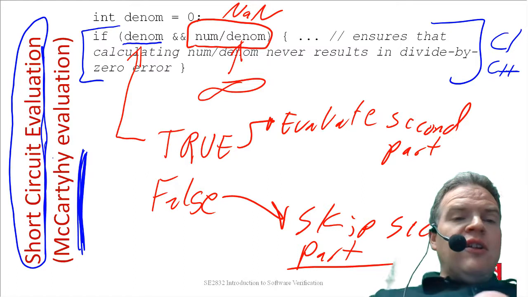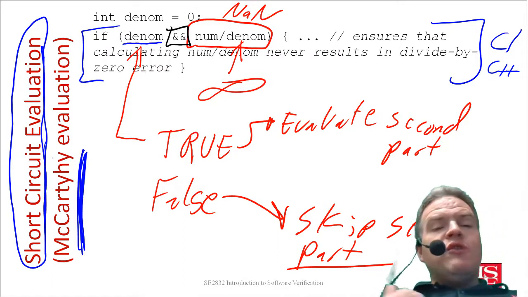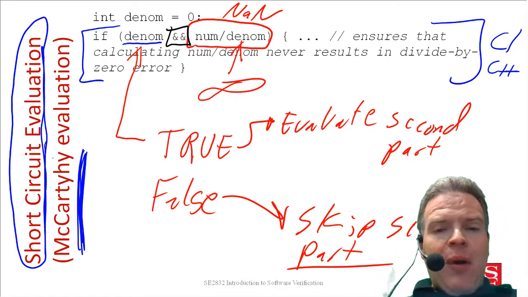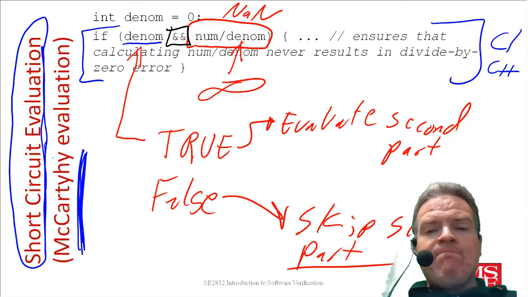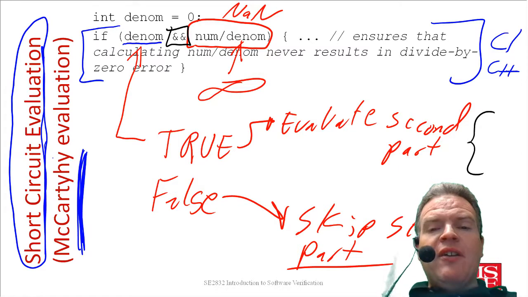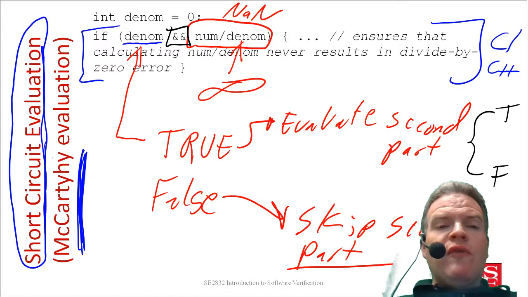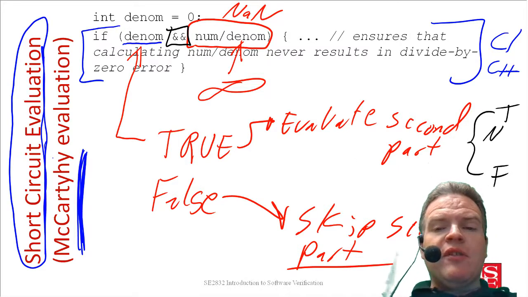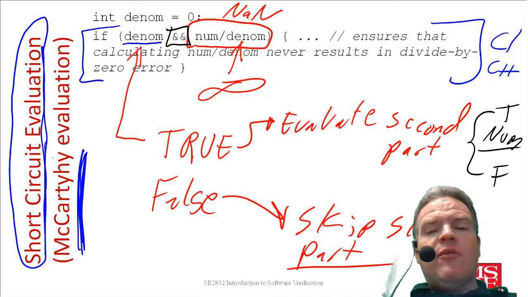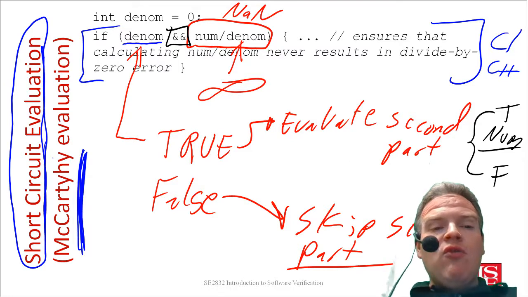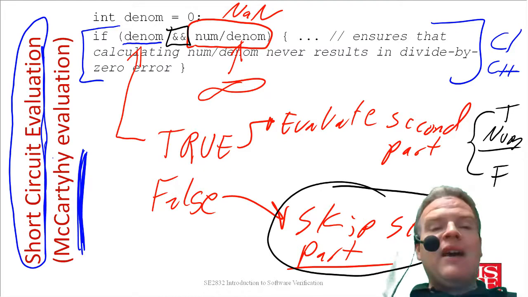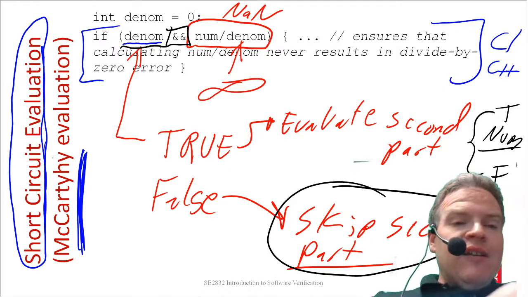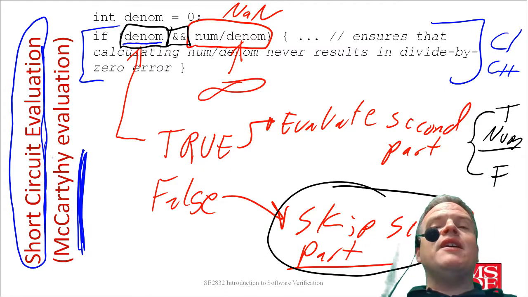In this scenario I have an AND, which means I only evaluate part of the statement. This second part can be true or false depending on the value of the numerator, whether it be 0 or not. But if the denominator is 0, we completely skip that second part because of this check right here at the beginning of our code.